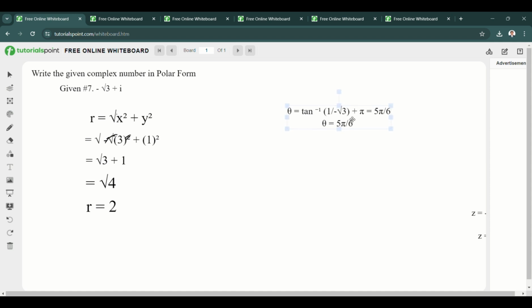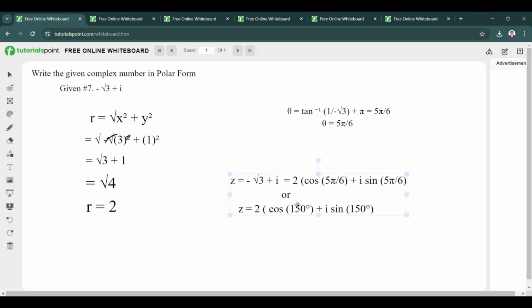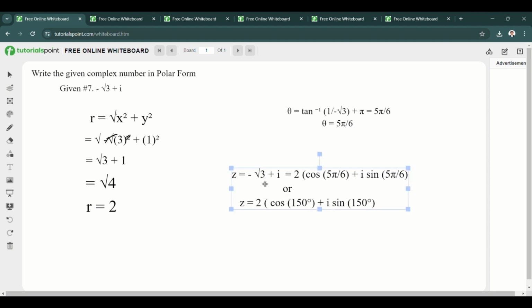So we need to add a pi, so our theta will be equivalent to 5 pi over 6. Then for the polar form, z is equal to negative square root of 3 plus i, which is equal to 2 cosine 5 pi over 6 plus i sine 5 pi over 6, or in the degree form.